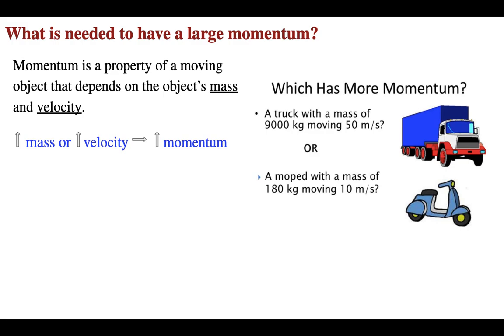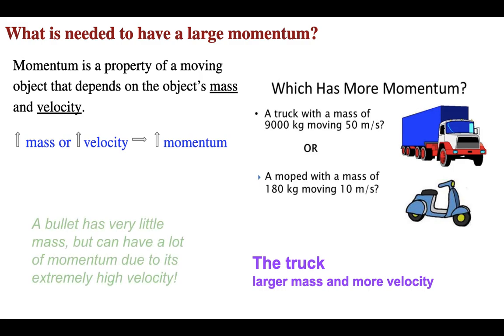Well, you can do the math. Obviously, the truck, because it's got much more mass and is moving much faster, has got a whole lot more momentum. Okay, so larger mass, more velocity, more momentum. A bullet is something that has a very small mass, but can have a lot of momentum due to its extremely high velocity.